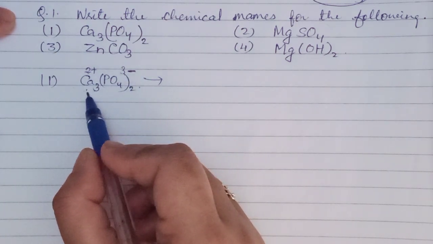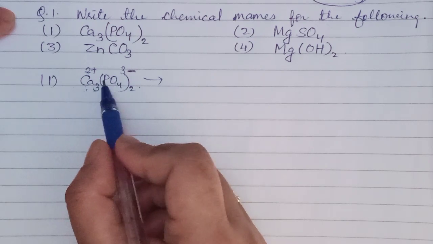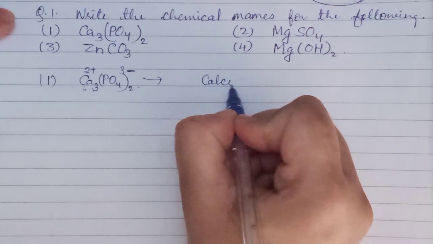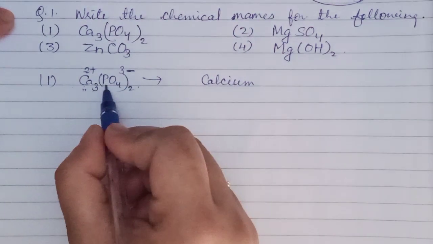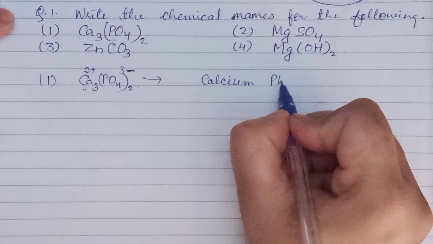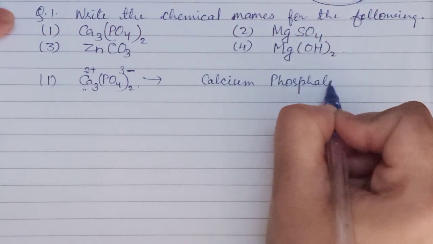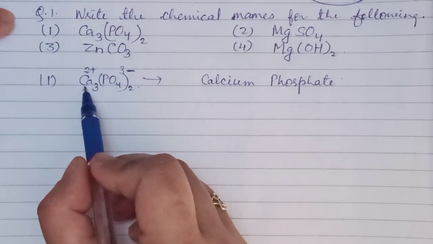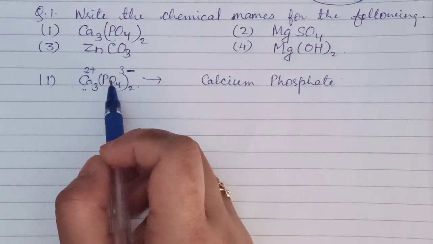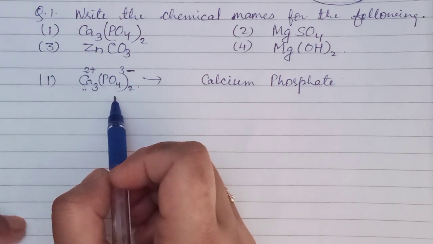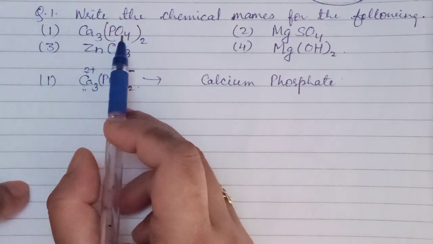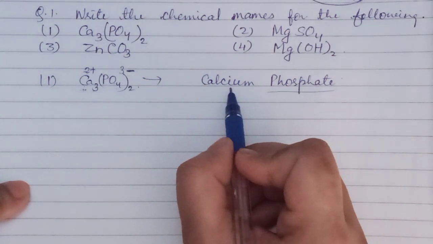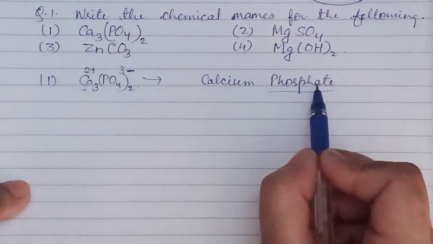So the name will be calcium, and PO4 is phosphate ion. Children, I will give you the list of radicals and their names, so you will be able to write the name of a given formula. So PO4 is phosphate and Ca is calcium, so the name will be calcium phosphate.